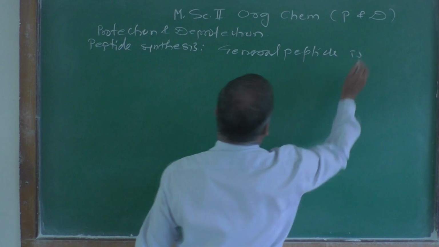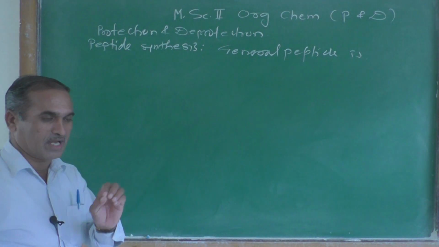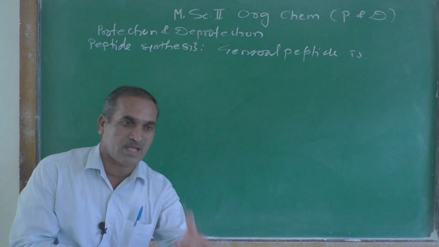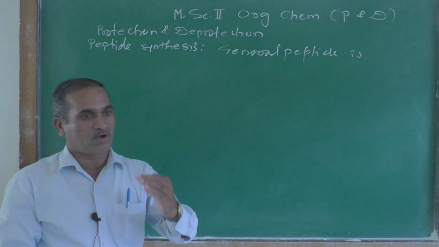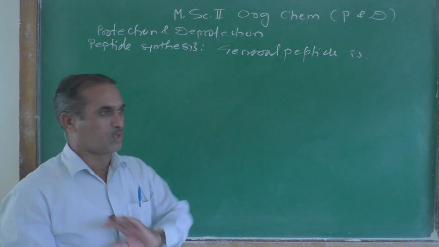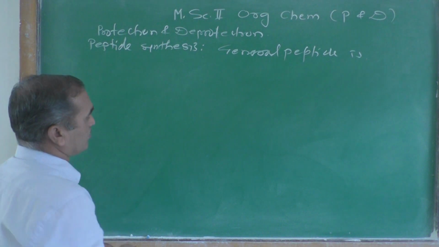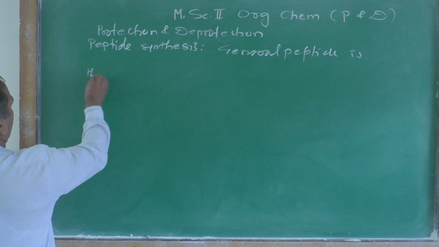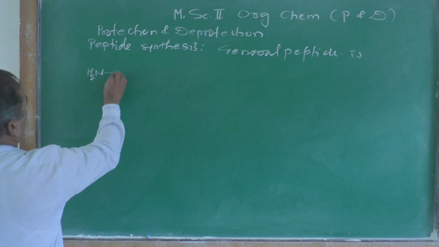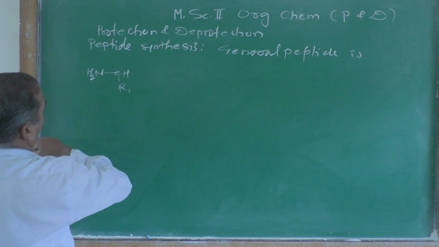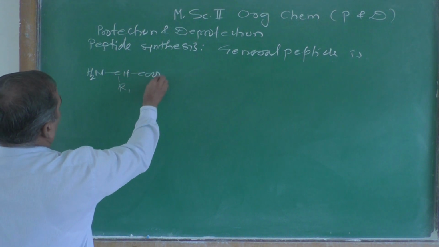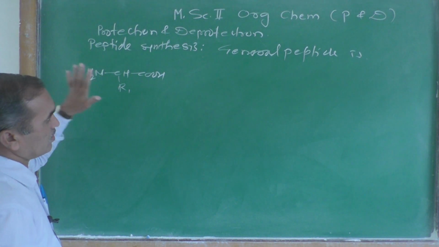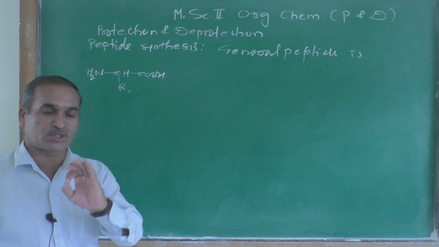The general peptide is like this. Let us see here. The starting material used for the synthesis of peptide is the amino acid, the substrate. Suppose we have H2N, CH, R1, COOH, the carboxylic group. This is a general amino acid, one of the 20 amino acids.